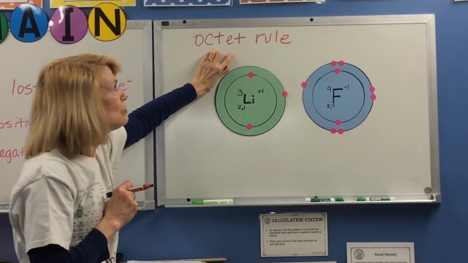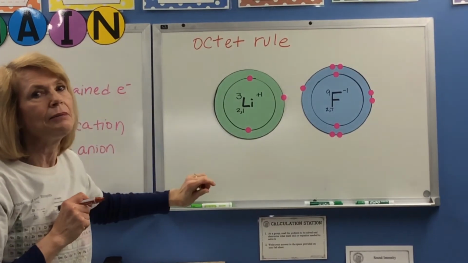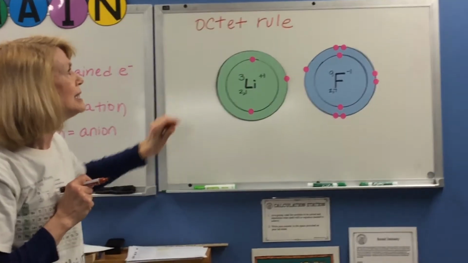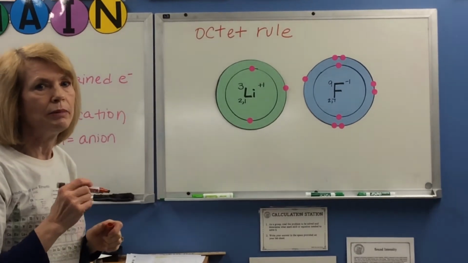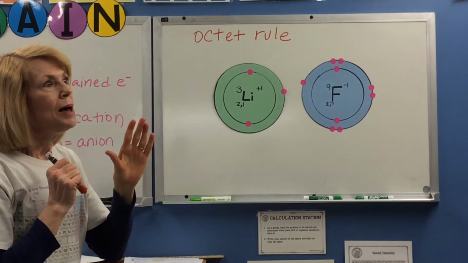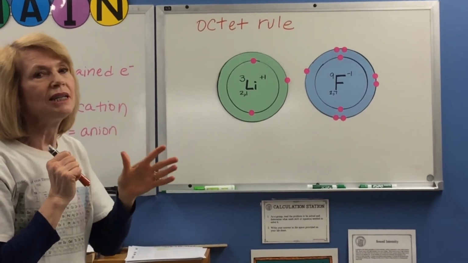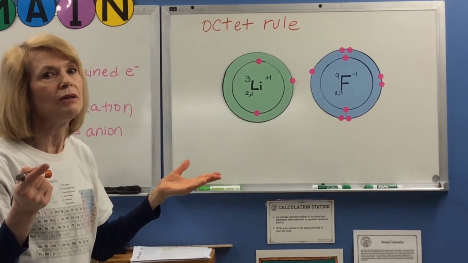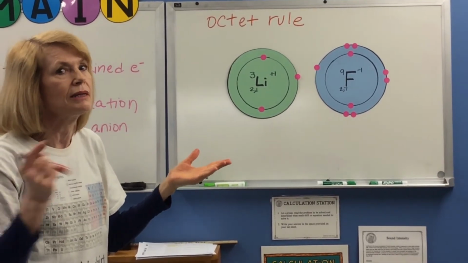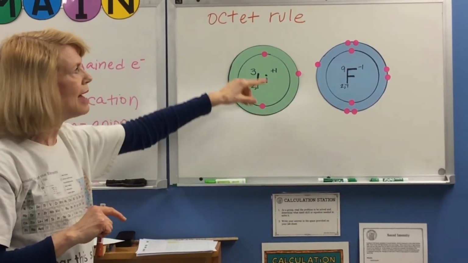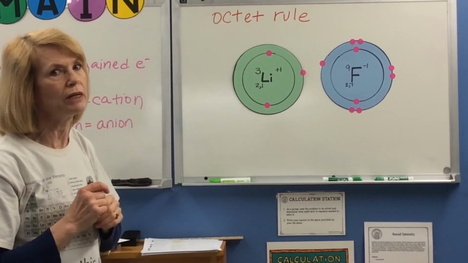So the octet rule says that an atom is most stable when it has 8 electrons in its outermost shell. The exception to this is hydrogen and helium, because they've only got 1 shell, so they can only hold 2 electrons. But all the rest of the atoms are most stable when they have 8 electrons in the outermost shell.